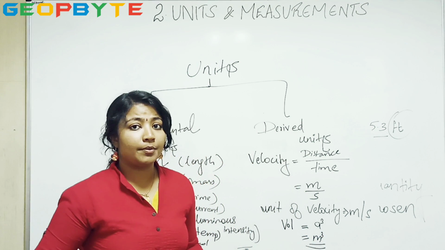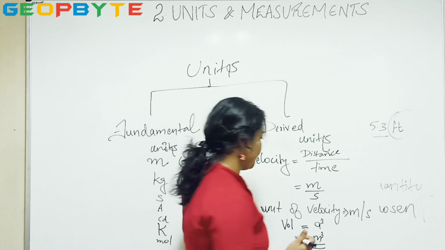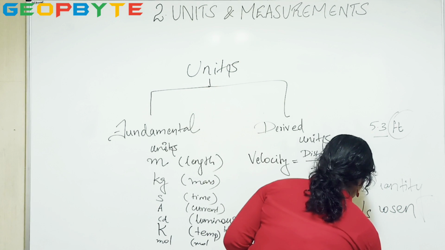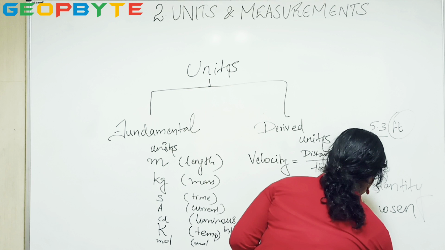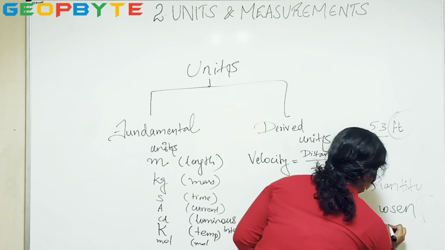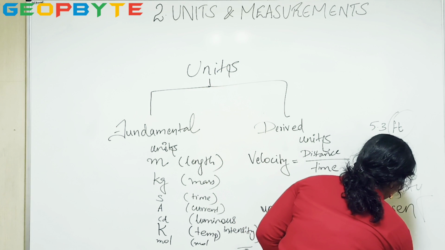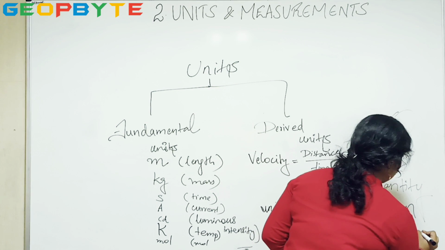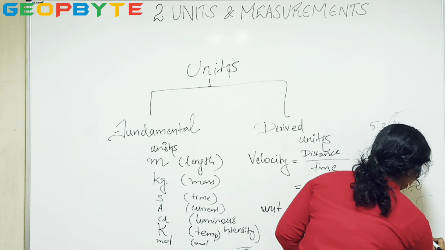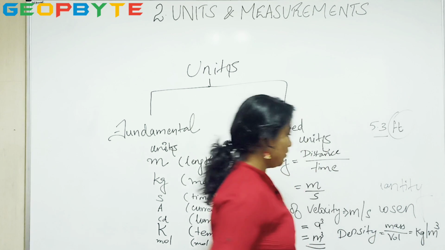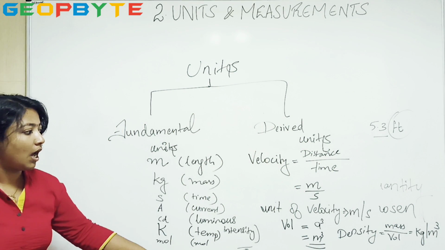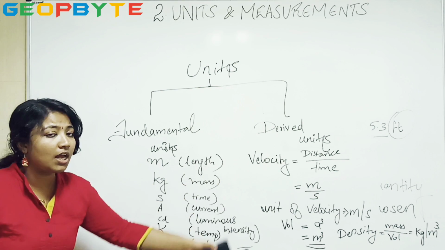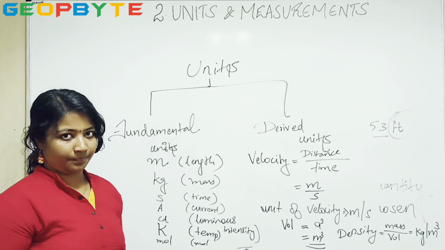Or if I am representing density, that's mass by volume, that is kilogram per meter cube. So all these are derived units.